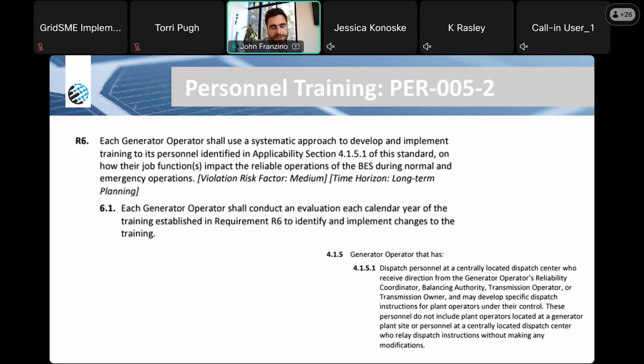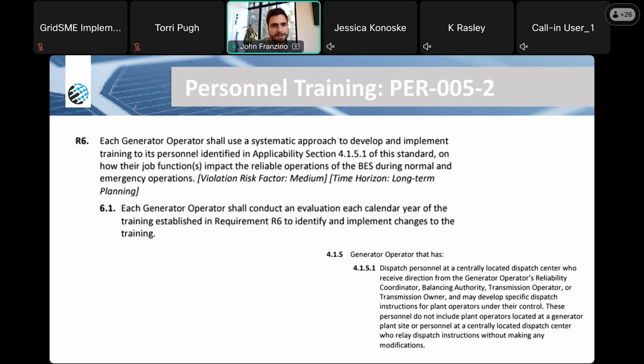It's another one that's not necessarily applicable to all GOPs, but it winds up being applicable to most based on that definition you see on the screen. And it's any personnel who receive direction from any of the other entities we've been talking about all along.